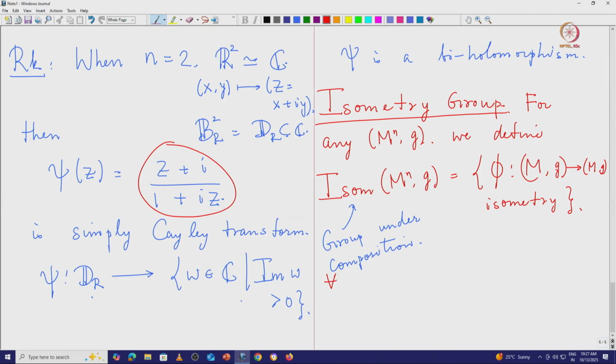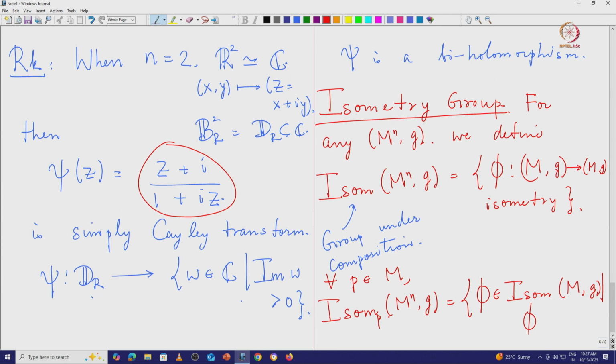Then for all points p in M, we also consider the isotropy group or the stabilizer of the isometry group. So this is basically the set of all isometries that fix this given point p. Okay, so of course it's not necessary that given a point p there will be an isometry that fixes that point other than just the identity, the trivial isometry.